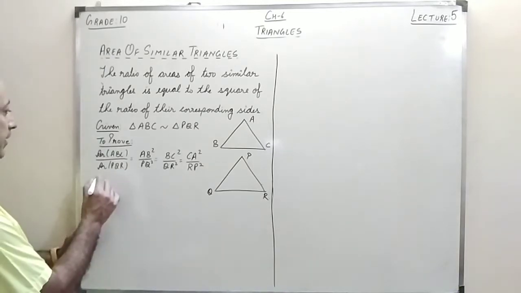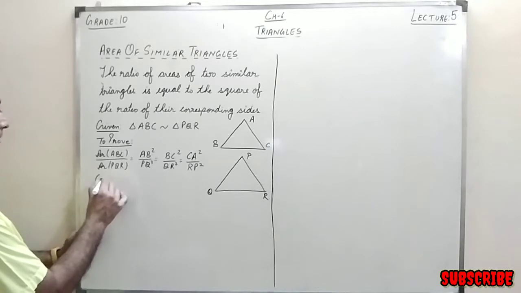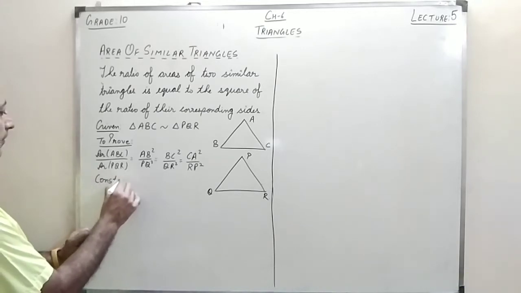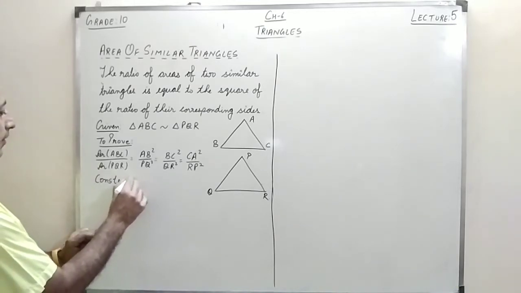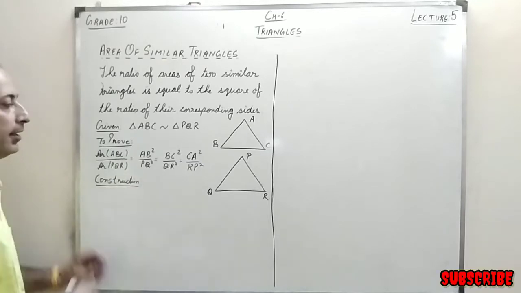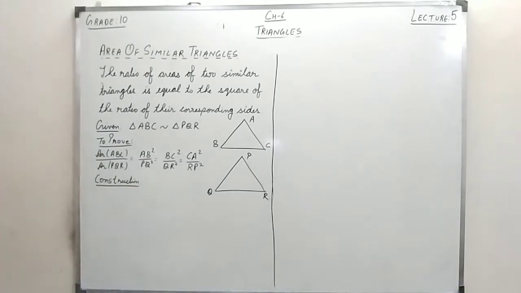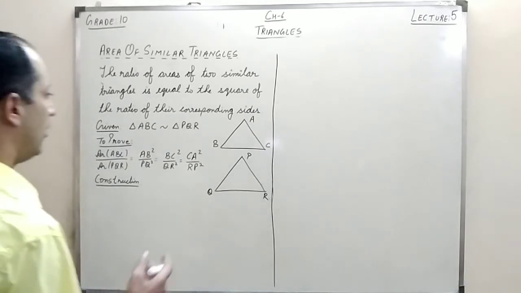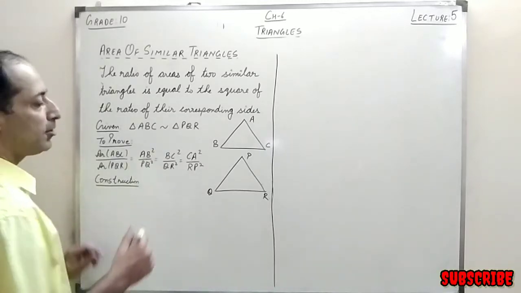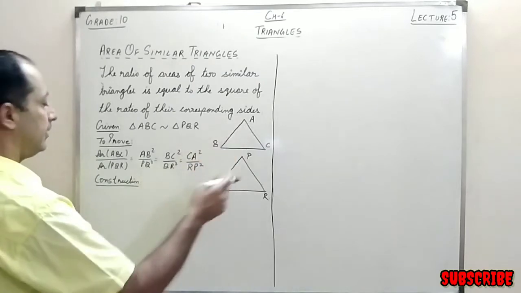First step is there is a small construction in this. So we do a construction here. Since we are finding the area, we will be applying the formula of half into base into height. So for that we make two altitudes in the triangles, one in this and one in this.